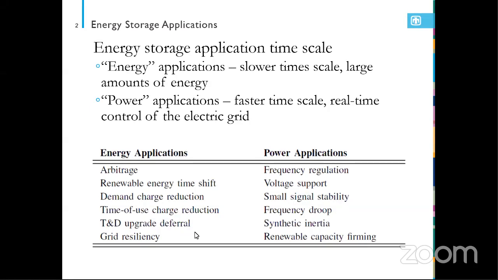There are a lot of different ways to define the value of capacity. Sometimes people talk about the value of the peak hour of the year, when you have your peak demand and you need that last extra megawatt hour of energy. That's the value for capacity.